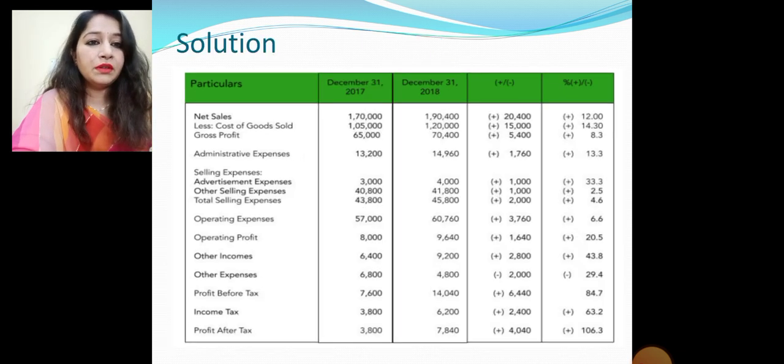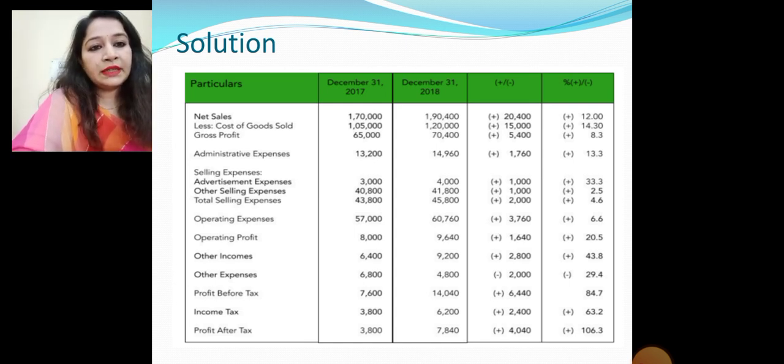This is the example, and how to calculate: net sales, previous year, current year, changes. Current year is more than previous year, so the difference will come positive 20,400, and percentage is 12%. 20,400 divided by previous year amount 1,70,000 multiplied by 100, so it will come 12%.